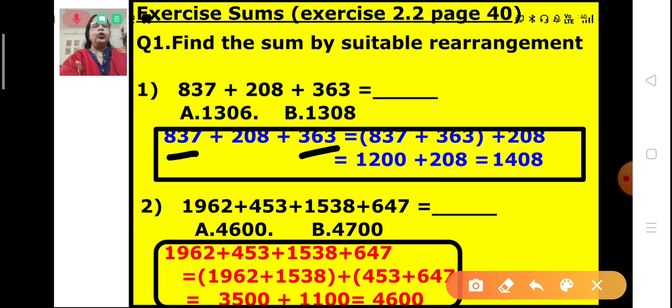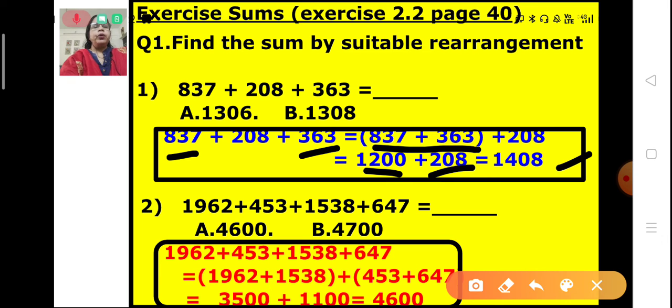So we group 837 and 363 together and add them. We get 1200. Now adding 208 to this number is very easy, and we get the answer very simply, that is 1408.